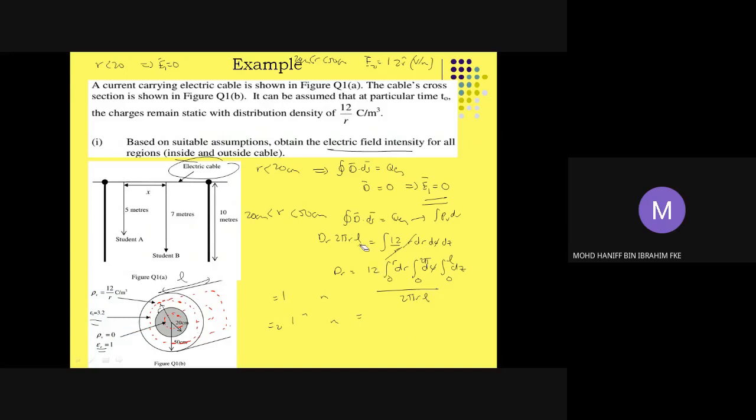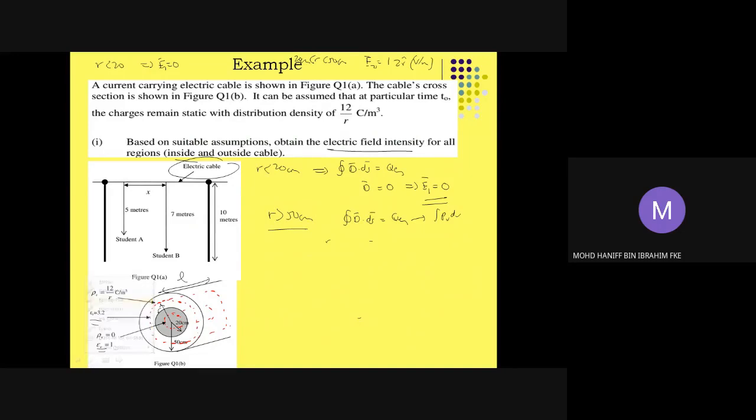So I need to use this space here, I need to erase this space. Sorry for that. Okay then, we can now change the range of integration for this E field, which will be R bigger than 50 cm, outside the cylinder.